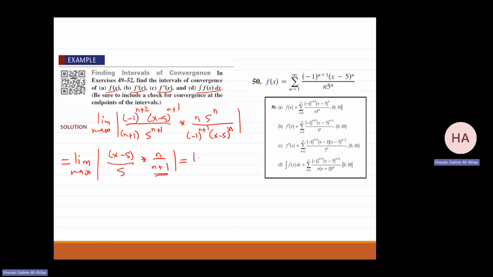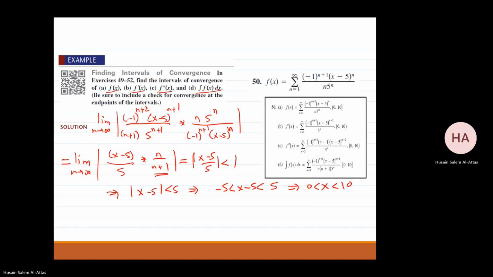So I have the absolute value of x minus 5 over 5 less than 1, so x minus 5 is between minus 5 and 5. So x is between 0 and 10. This is for f of x.